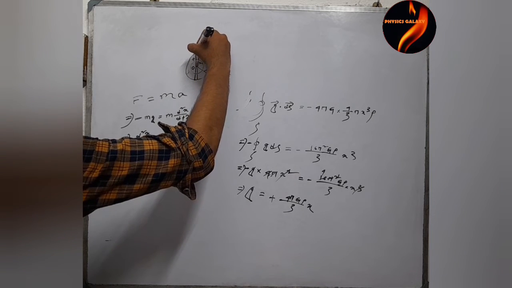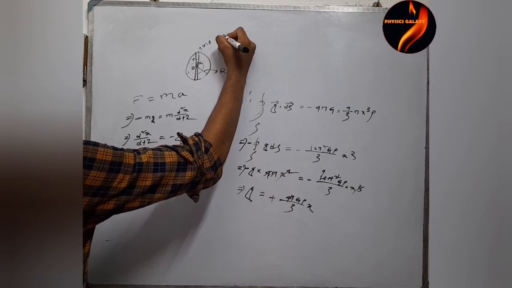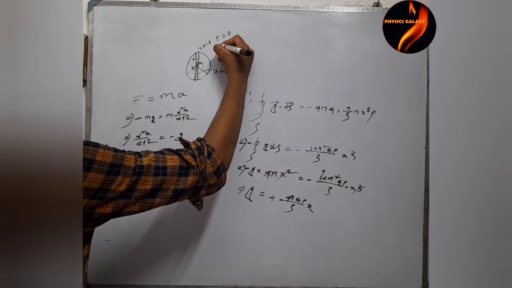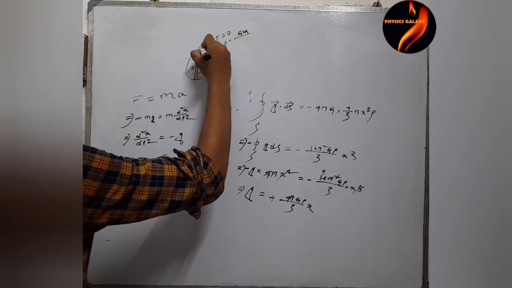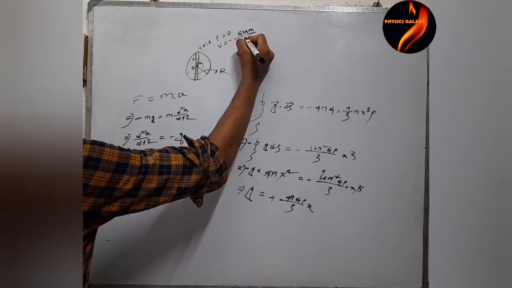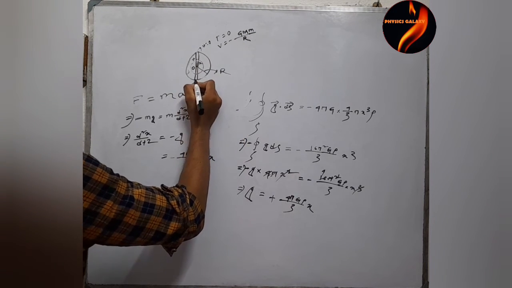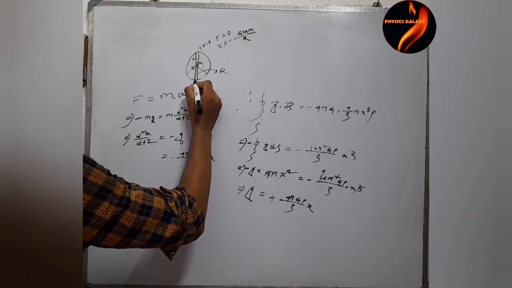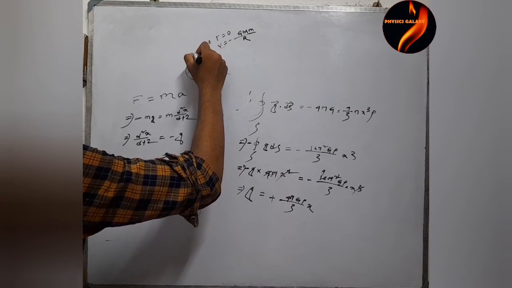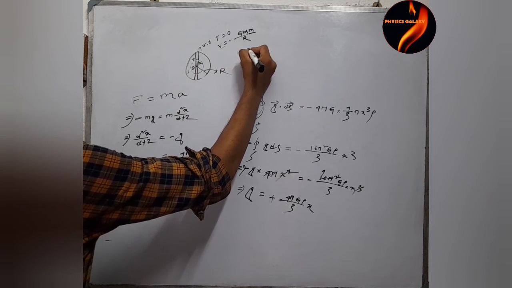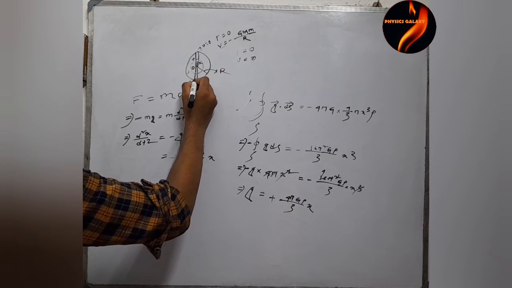Initially the particle velocity is 0, so its kinetic energy T should be 0, and its potential energy V should be minus G M m by r, where M is the total mass of the earth, m is the mass of the particle, and r is the radius of the earth. Energy will be the same here and there, so T will be 0 at the other surface, meaning the particle's velocity should be 0 there.